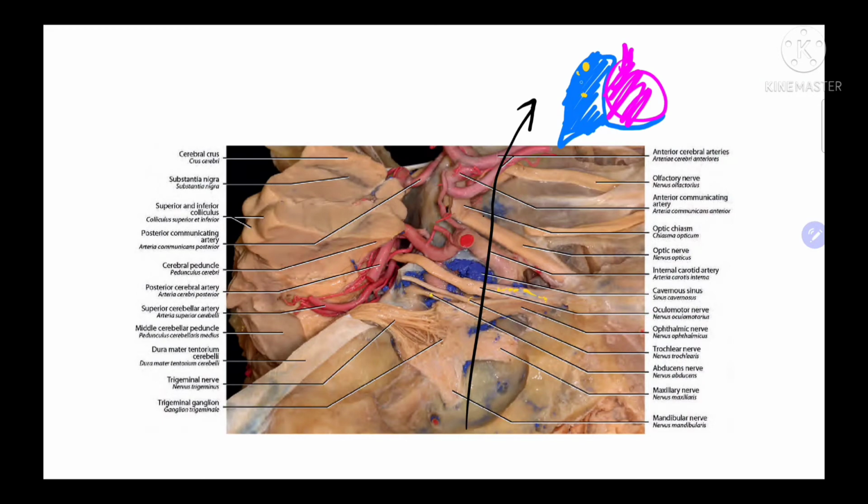And later we're gonna find the two branches of the trigeminus, V1 and V2, okay? V2 down here, V1. And the biggest element here, we're gonna find the ICA, the internal carotid artery there. This is the transverse cut of the cavernous sinus.